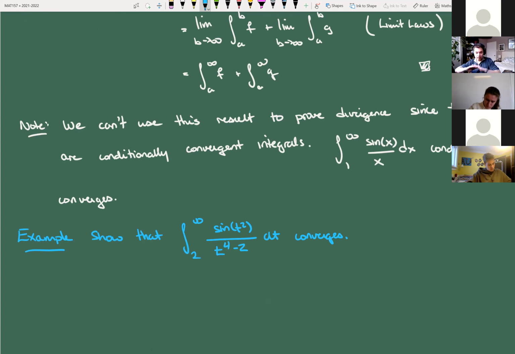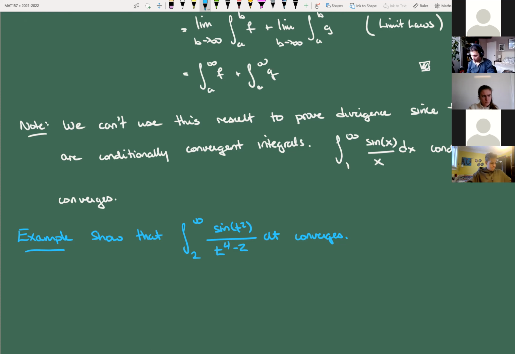Again, morally, I look at this and say the sine isn't doing anything. It's oscillating between plus or minus 1, but it's really not contributing. As t becomes very large, the denominator is the dominant factor, forcing this thing to become 0. The problem is that I can't apply basic or limit comparison tests, because the sine, while it's not really contributing as t goes to infinity, causes my function to oscillate between positive and negative. So I can't use BCT or LCT.